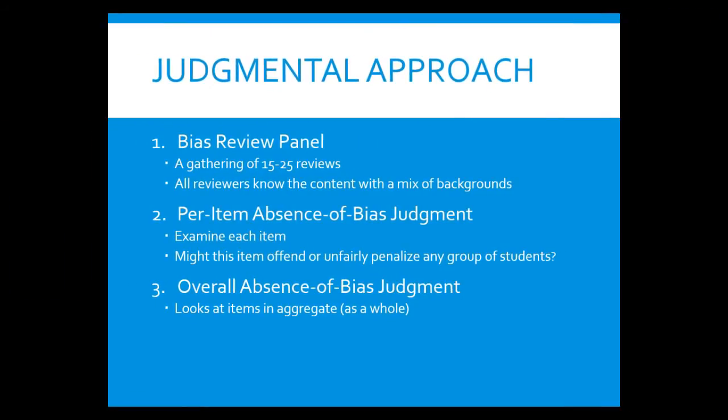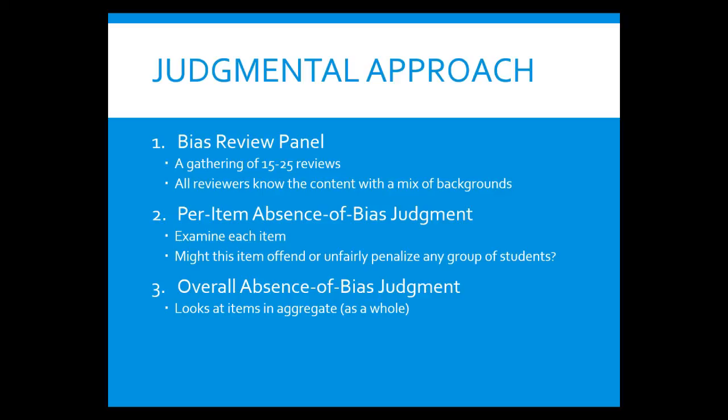For lower-stakes classroom assessments, the panel can be much smaller. The panel members examine each item in the assessment and ask the question, might this item offend or unfairly penalize any group of students on the basis of personal characteristics such as gender, ethnicity, religion, or race?